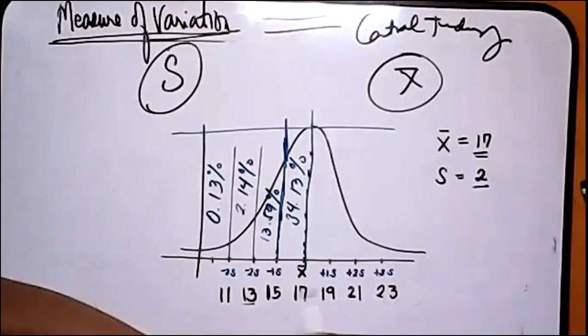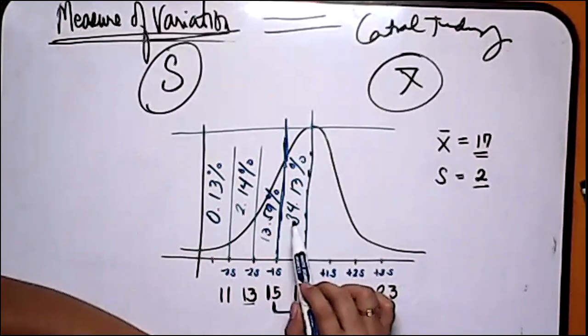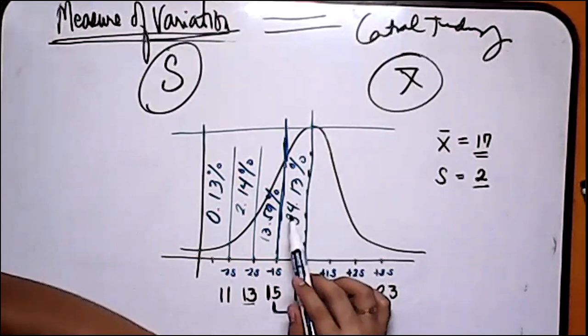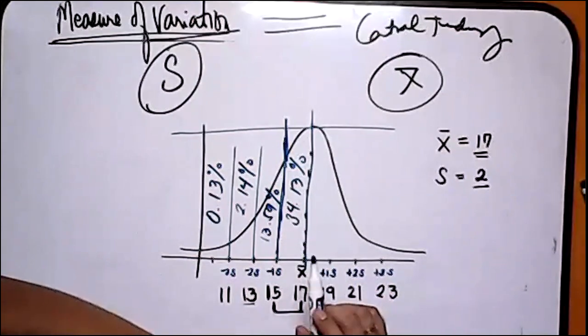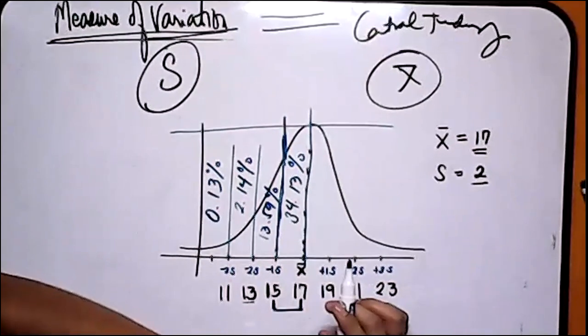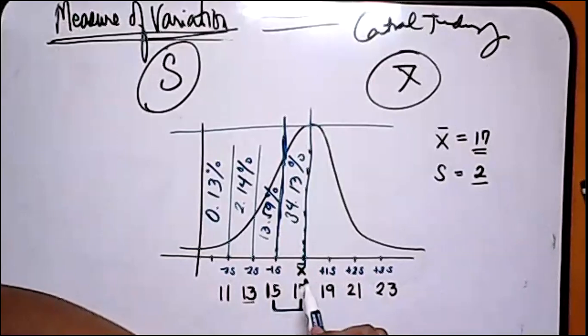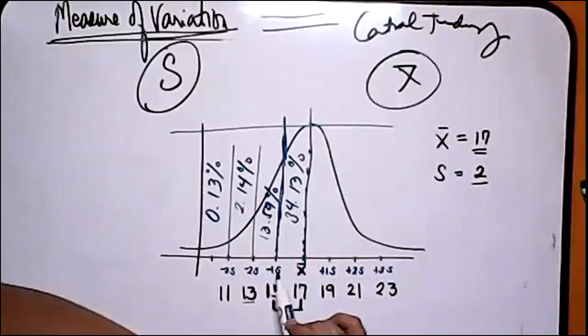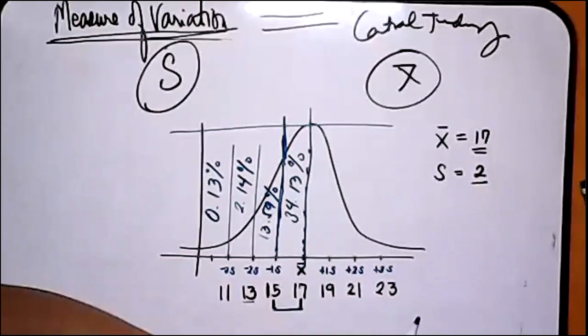In other words, in a normal curve, the students who got a score of 15 to 17 is 34.13% of the population. If we have 100 students in a normal distribution, the number of students who got a score within the mean and a standard deviation above or below it is 34.13% of that number, which is approximately 34.